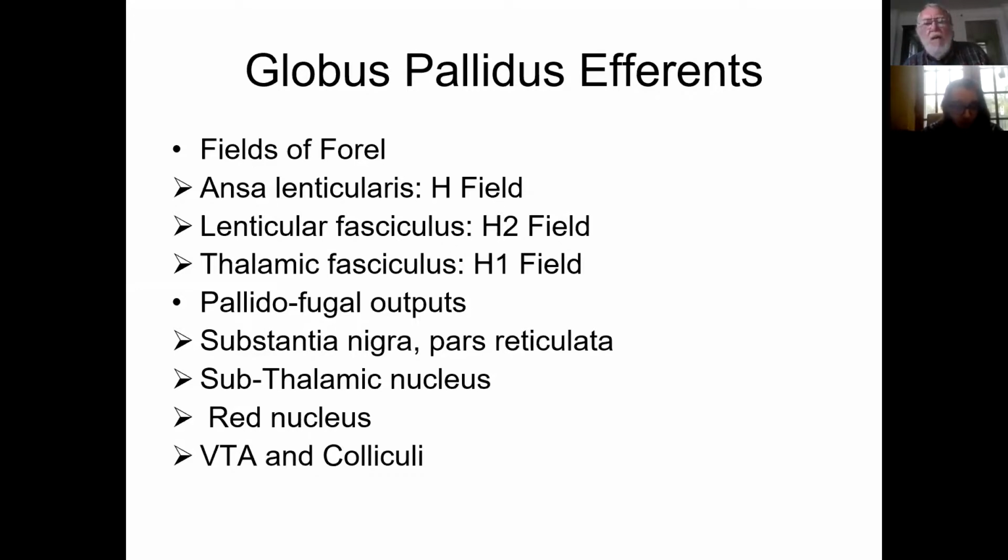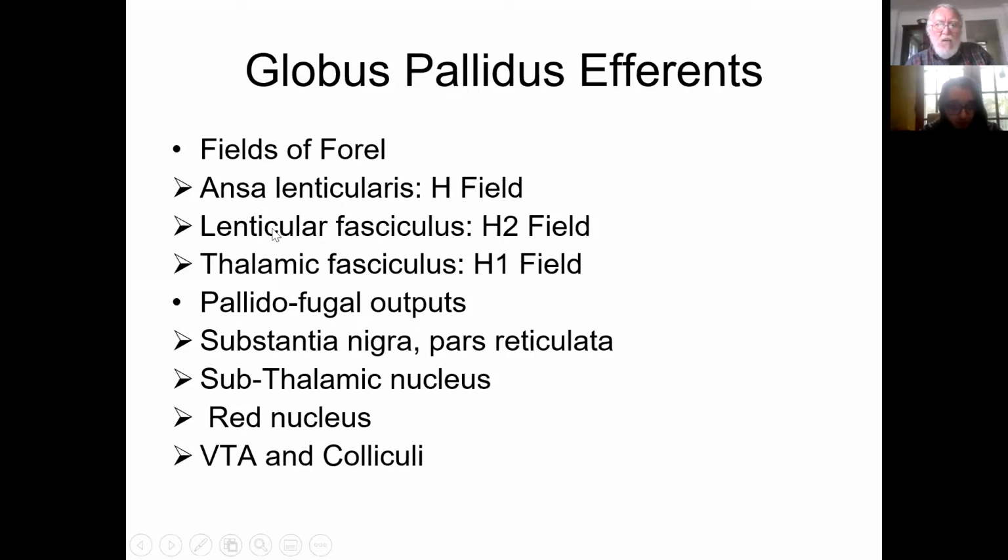Okay, so what I'm going to basically do is a psychoanalytic view of Forel. I'm going to call him a narcissist. Why do I call Forel a narcissist? The three structures that he independently identified as coming out of the globus pallidus were the ansa lenticularis. Remember, lenticular nuclei are putamen and globus pallidus.